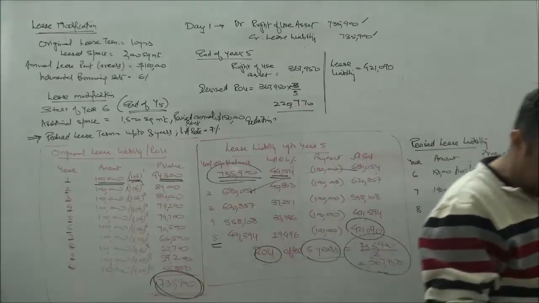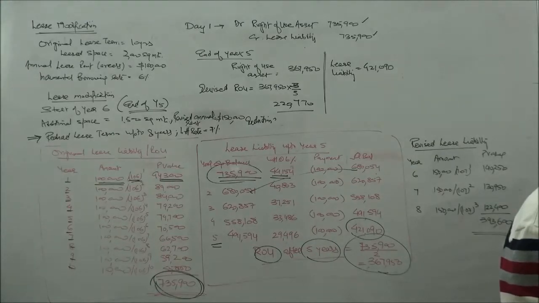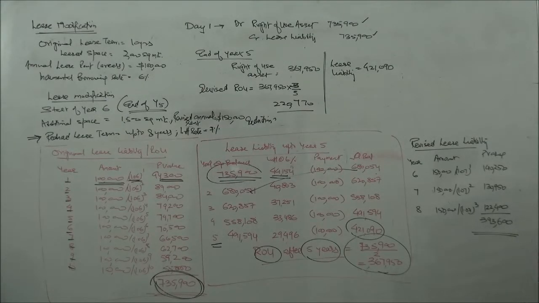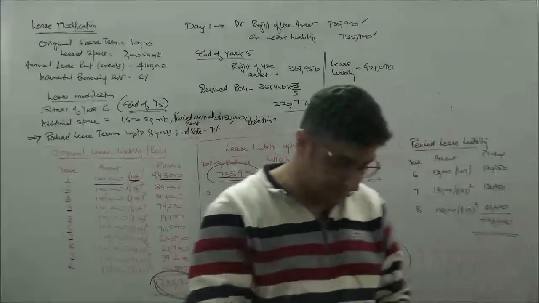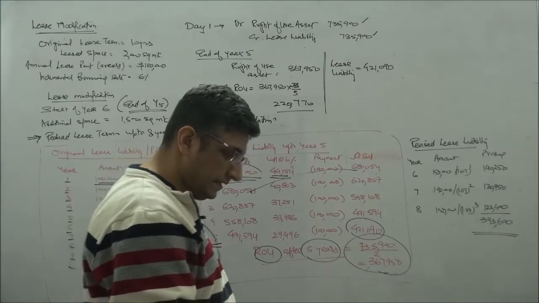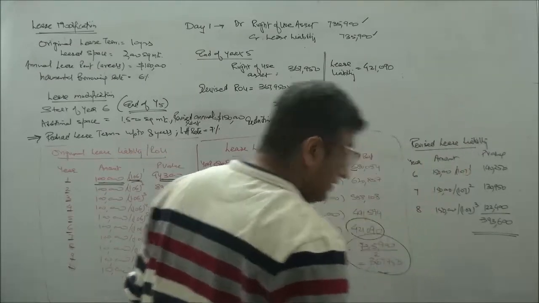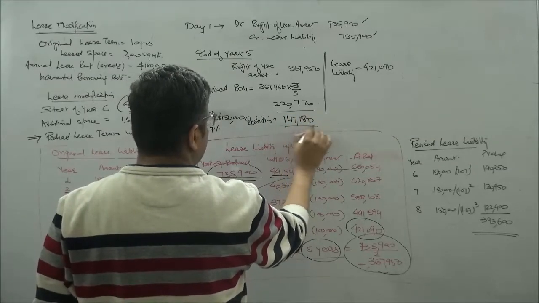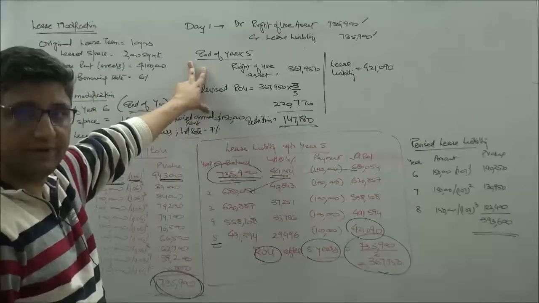So I can simply calculate like this. Let me just do one thing. 367,950 into 2 by 5 is my differential, which is 147,180. The reduction is 147,180, right?